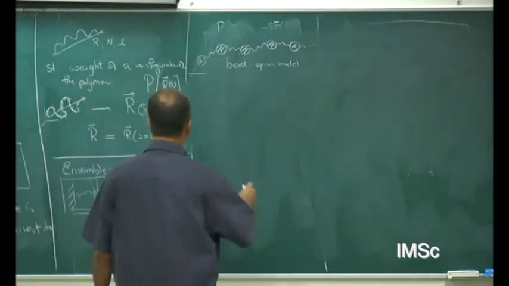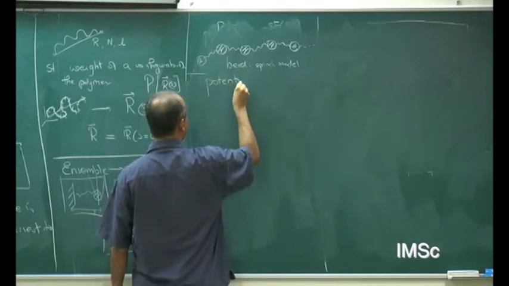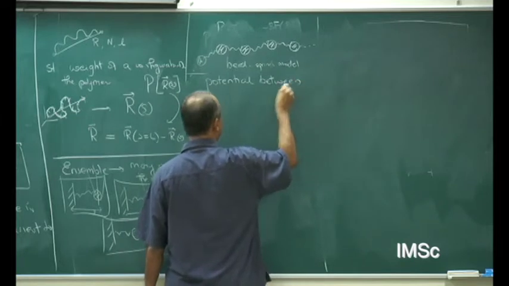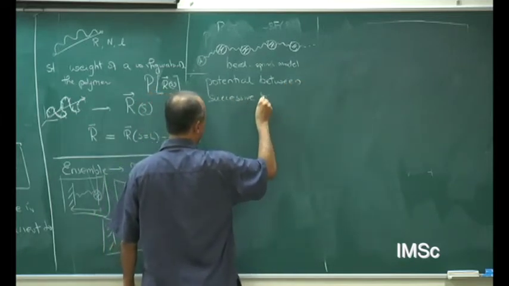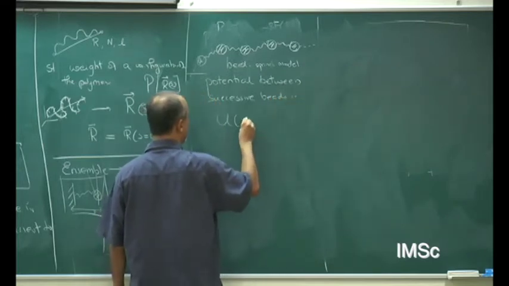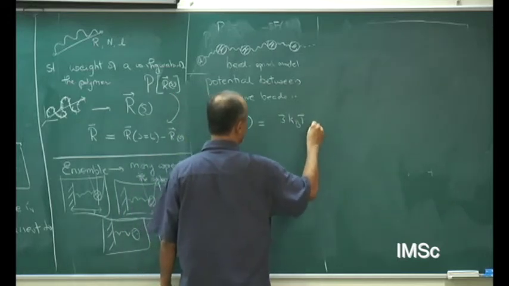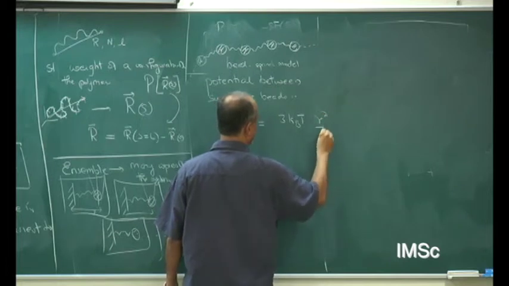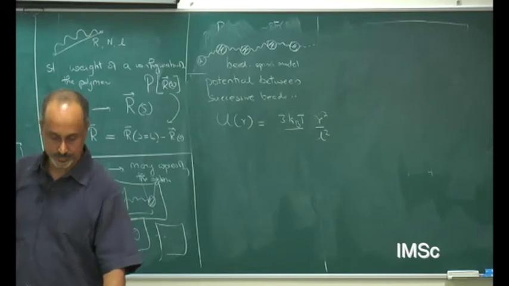So let us suppose that the potential between successive beads is U of R equals 3 kBT R squared divided by L squared, and there should be a factor of 2.